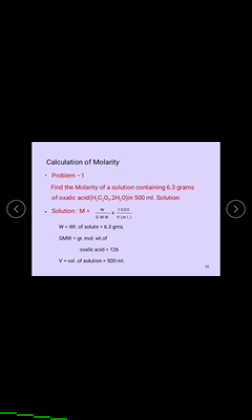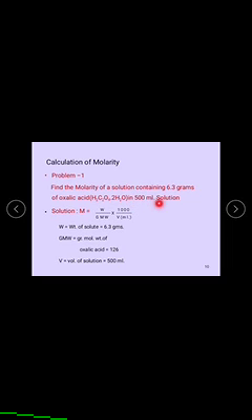Hydrogen is 1, and there are 2 of them; carbons are 2, each taken as 12, so 12 into 2 is 24; 4 oxygens, 4 into 16; then 2 hydrogens again; and 1 oxygen, which is 16. The sum of these individual atomic weights gives the oxalic acid molecular weight, equal to 126.